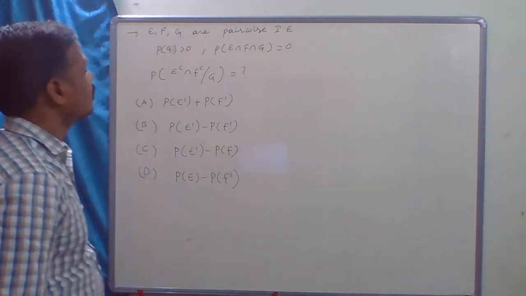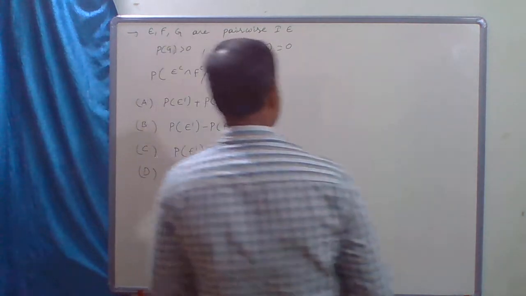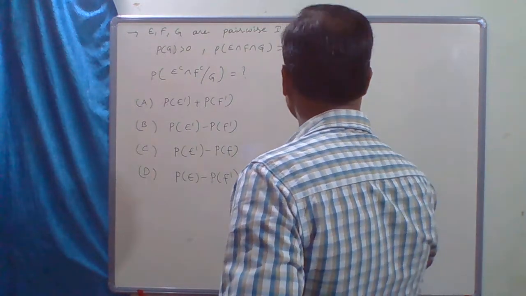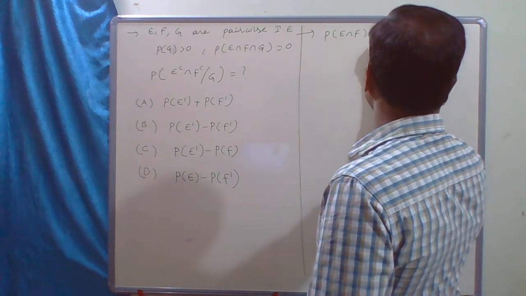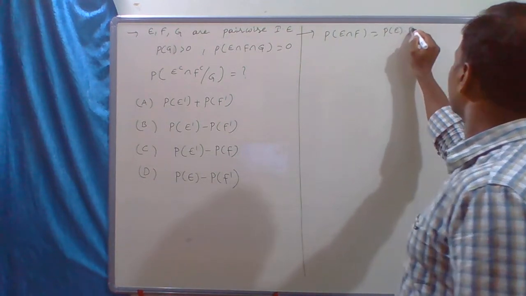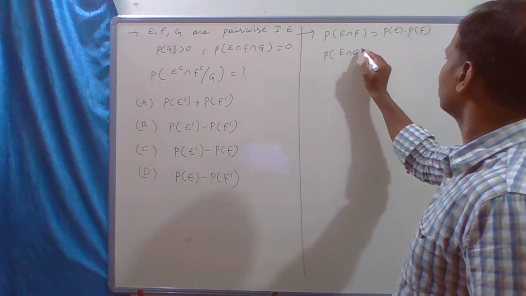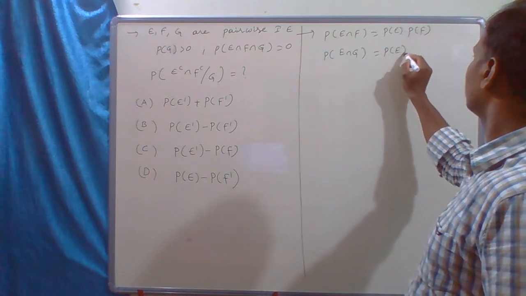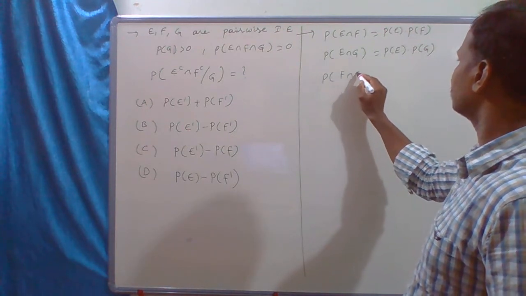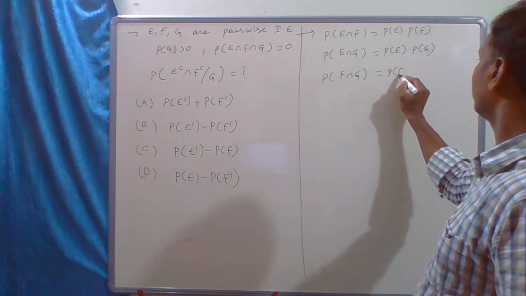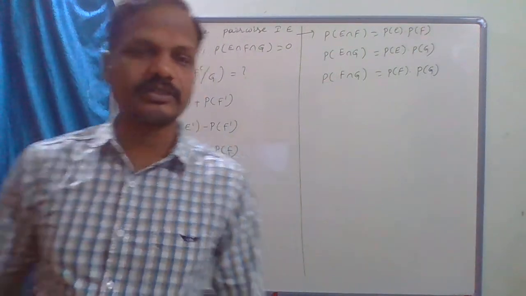Okay, next, E, F, G are pairwise independent events. So pairwise independent means probability of E intersection F equals probability of E into probability of F, and similarly probability of E intersection G equals probability of E into probability of G, and probability of F intersection G is equal to probability of F into probability of G. So this is the meaning of pairwise independent events.